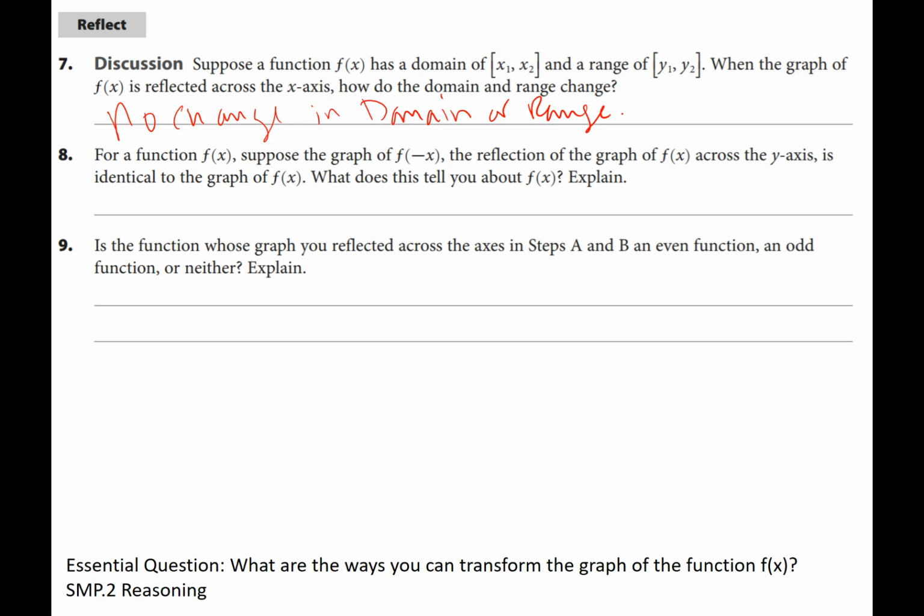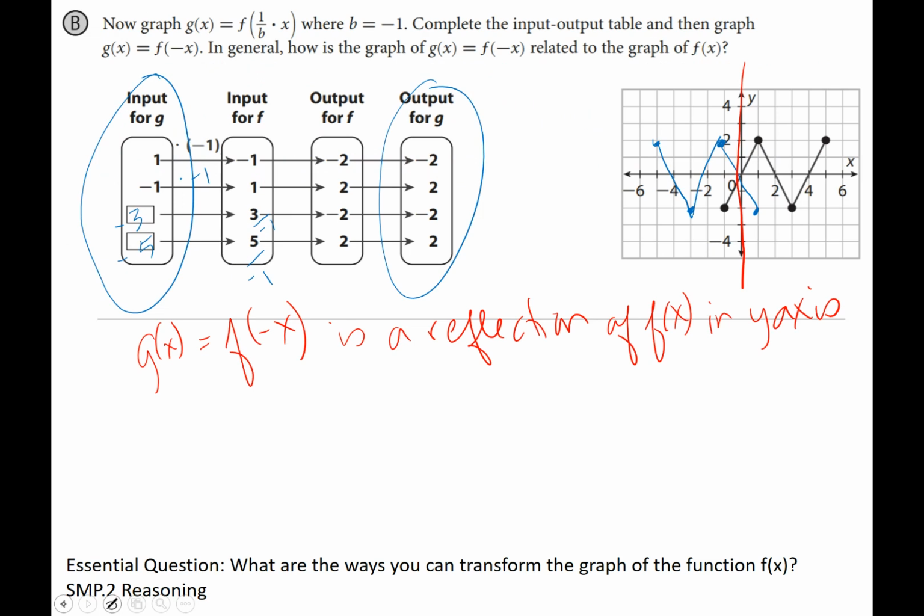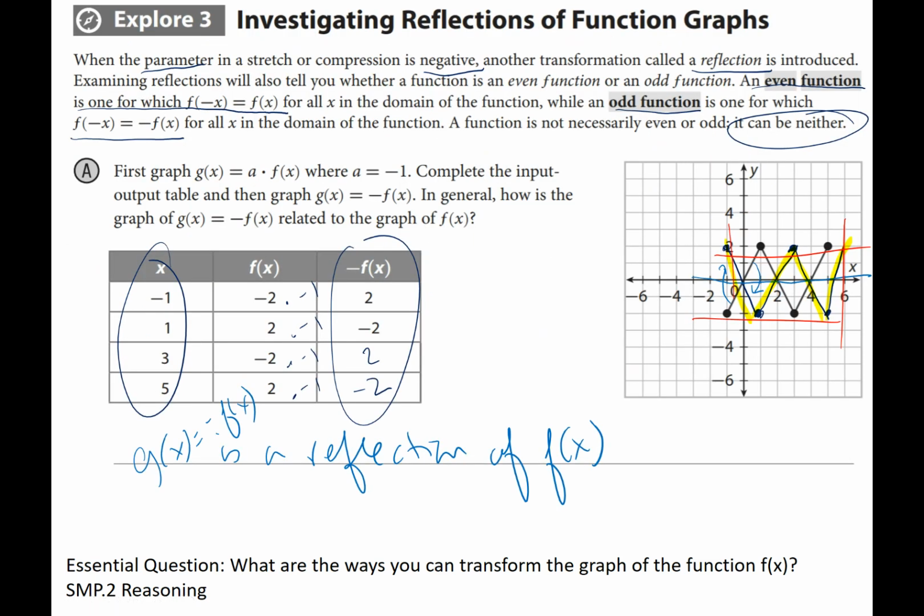For a function f of x, suppose f of negative x, the reflection of the graph across the y-axis, is identical to the graph. What does this tell you about f of x? Okay, so let's go back and look at that even and odd stuff. So if we got the exact same picture, it's saying that we had a reflection. It said it was f of negative x, which is right here.